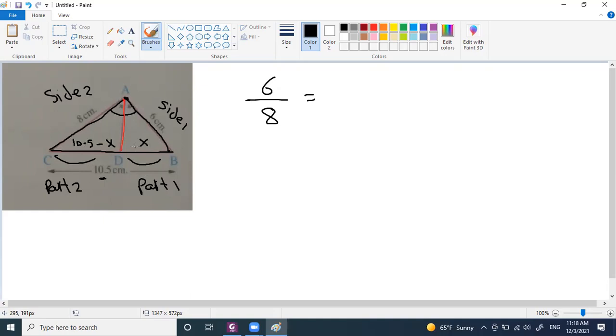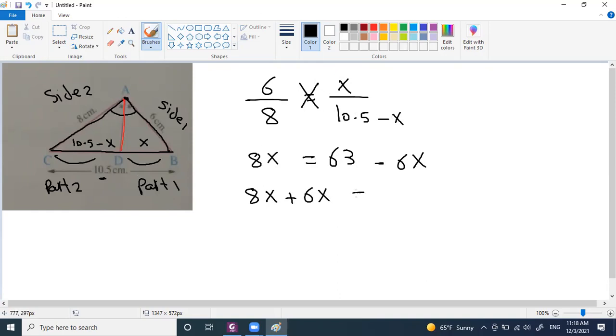So I suppose that BD is equal to X, then CD is equal to 10.5 minus X. So write X over 10.5 minus X and do cross multiplying. X times 8, it's 8X, equals 6 times 10.5, it's 63 minus 6X. So 8X plus 6X equals 63.